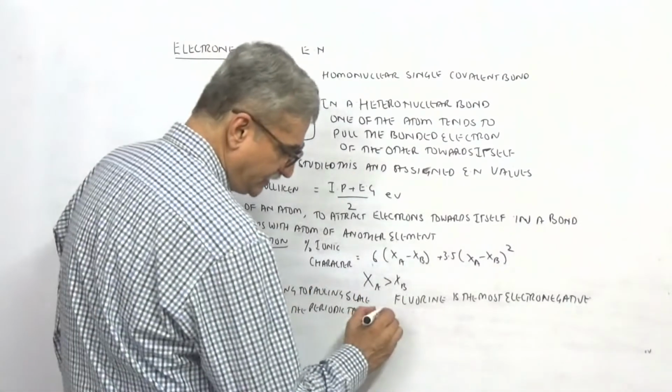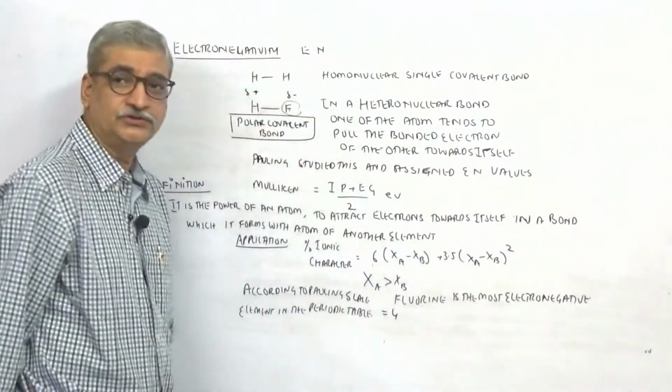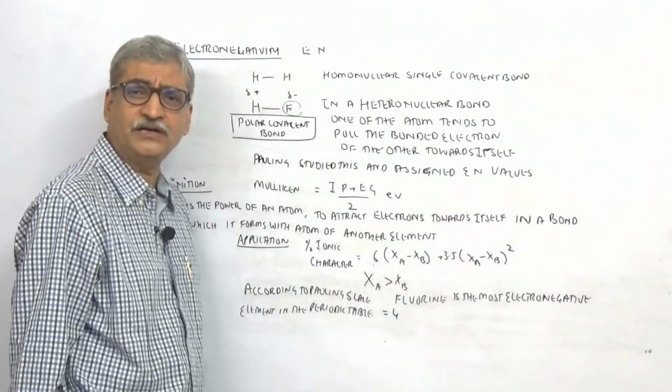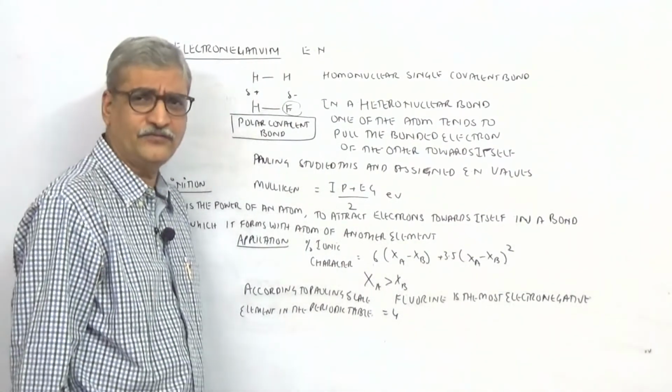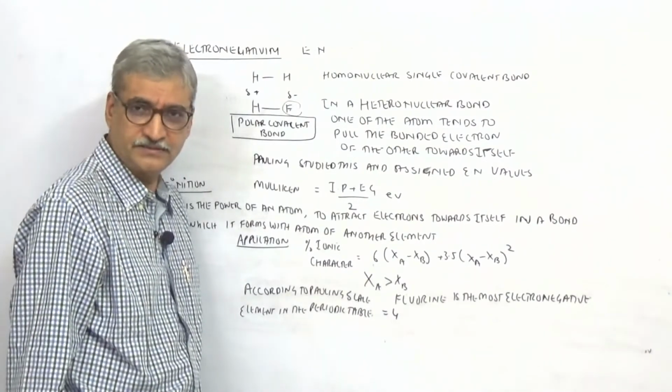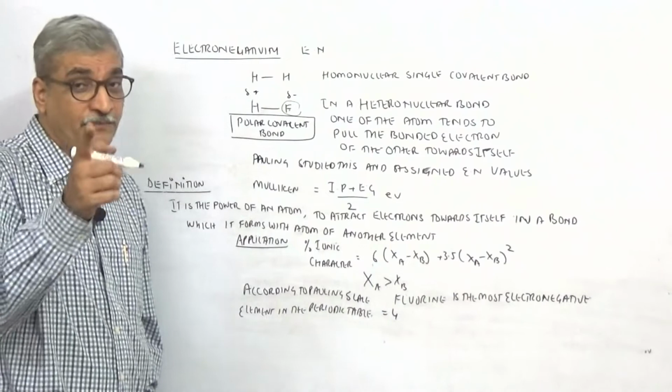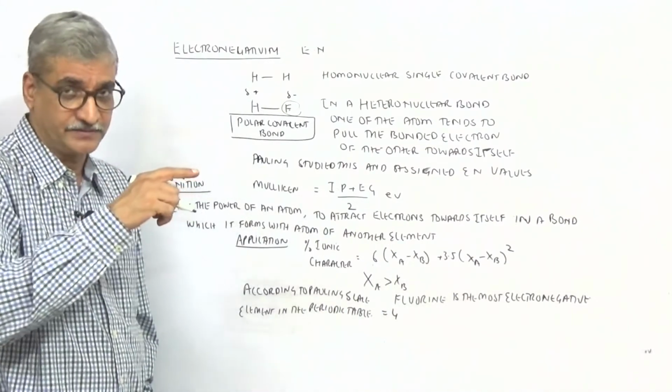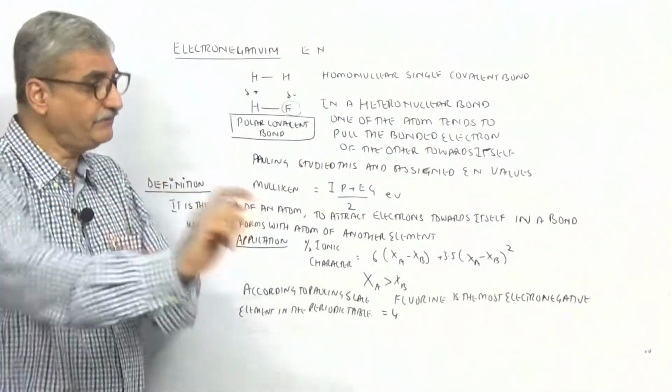Its value is equal to 4. So there is not going to be any element which has an electronegativity greater than 4. Fluorine may not be having the most electron gain enthalpy, but fluorine is the most electronegative element.